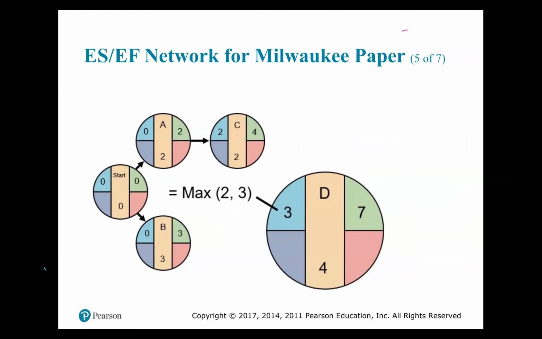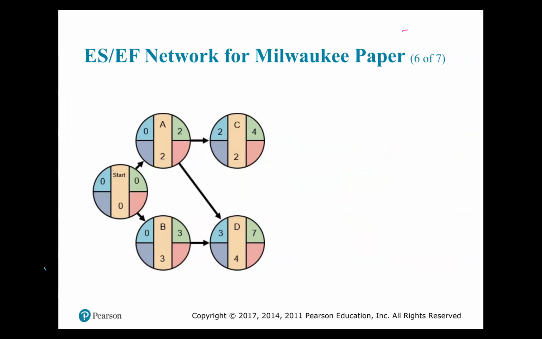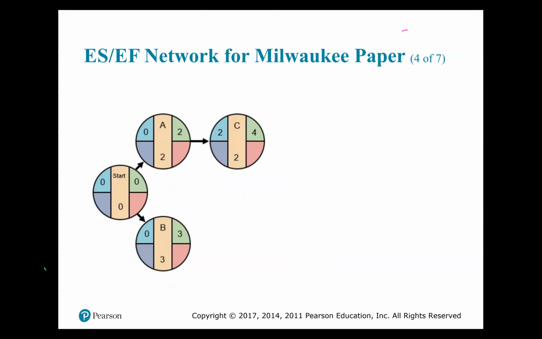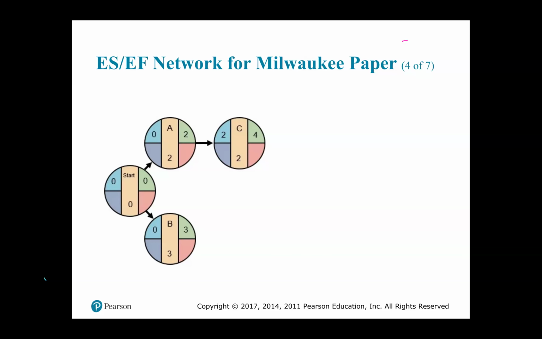The immediate predecessor for C is activity A. So here you'll find that the early start time for activity C, which is 2, is the early finish time for activity A. And when you add the early start time of activity C, which is 2, to the duration of C, which is also 2, the early finish time for activity C is 4.